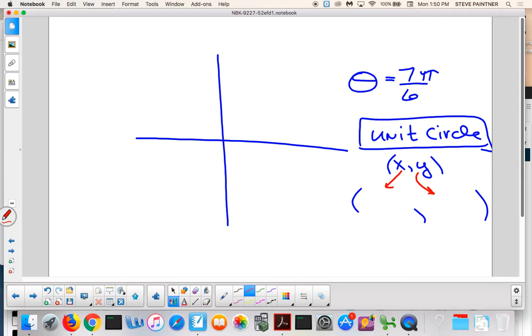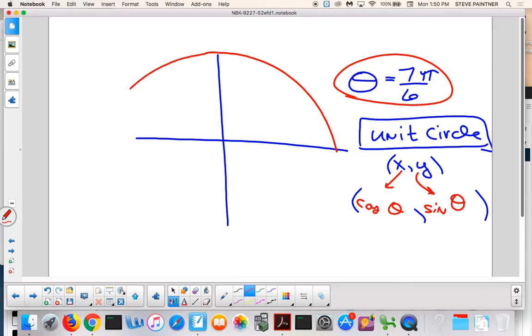What was X again? On the unit circle, how do you get X? Cosine of theta. And how do you get Y? Sine of theta. And by the way, theta's right here. Where is 7 pi over 6? All the way around, just past 180 degrees.